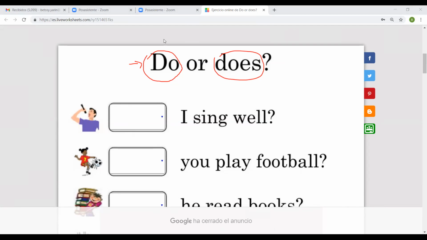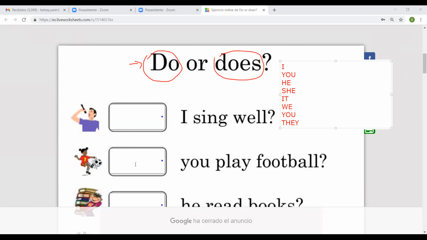Do you remember these words? Wait for a second, okay, I'm going to put here. I, what else? You, what else? You, he, she, it, we, you, that is in plural, and they.